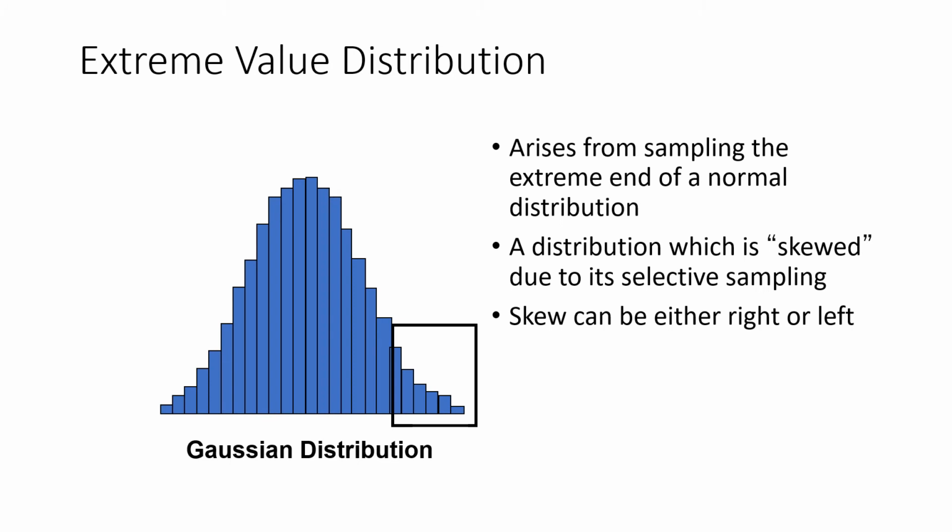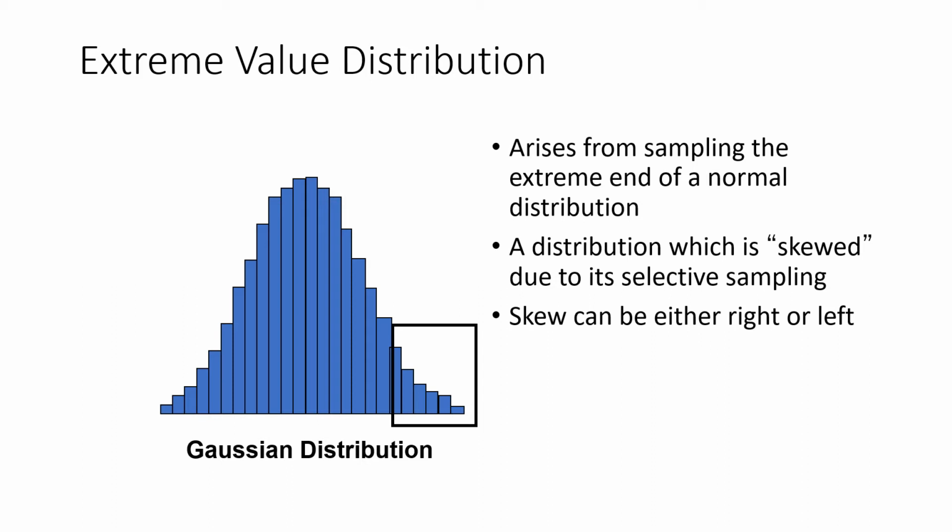The extreme value distribution happens when you sample only the extreme edges of a normal distribution. So if you're taking only the top chess players in the world and evaluating them on their chess performance, you're not going to get a Gaussian distribution in terms of their overall skills. You'll get a fairly skewed distribution that's called an extreme value distribution.